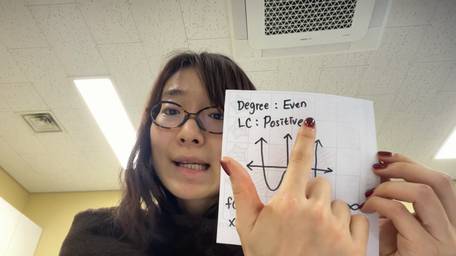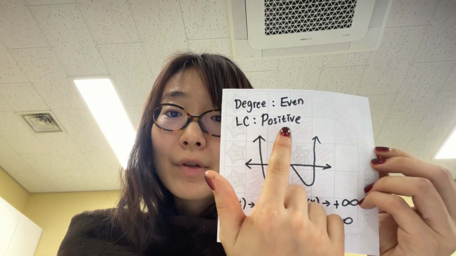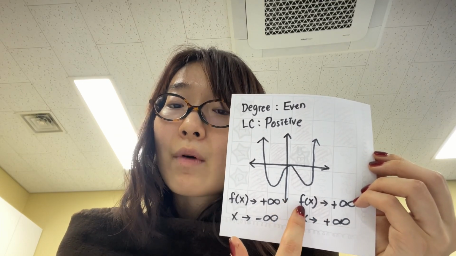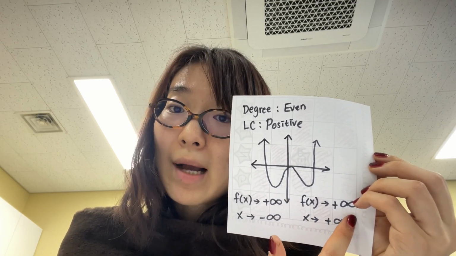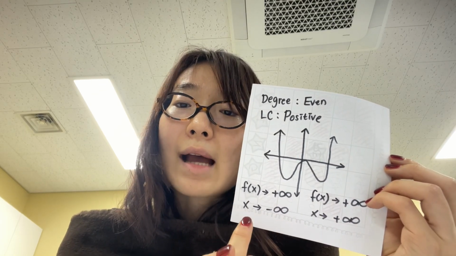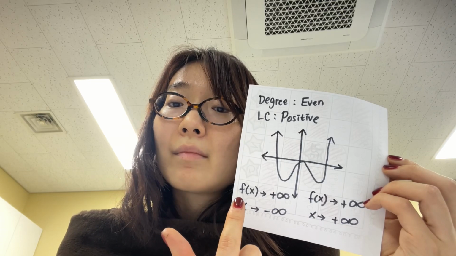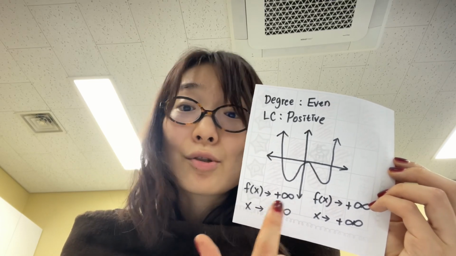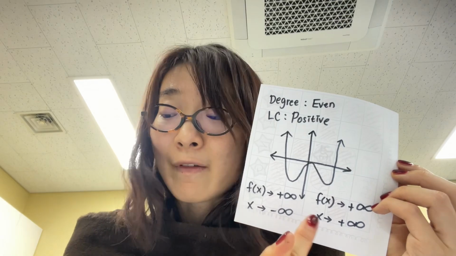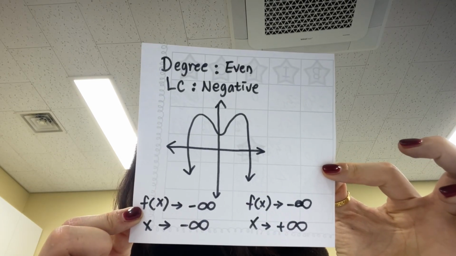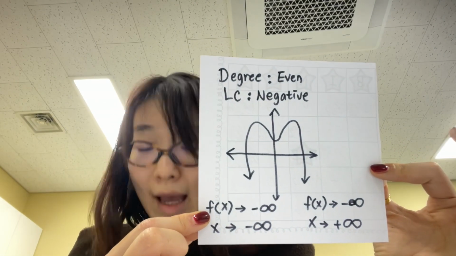When our degree is even and our leading coefficient is positive, as x value approaches positive infinity, our function also approaches positive infinity. And as our x value approaches negative infinity, our function actually just goes up, so it approaches positive infinity. But obviously, it would be flipped when our leading coefficient is negative. So everything goes down.